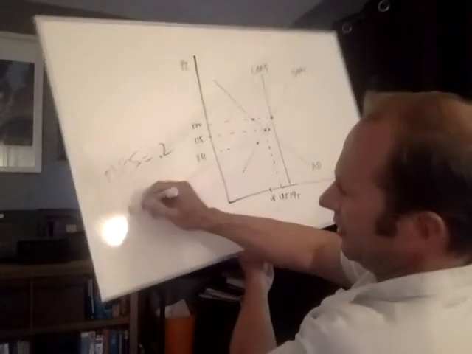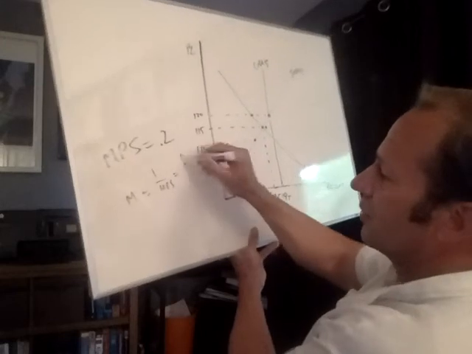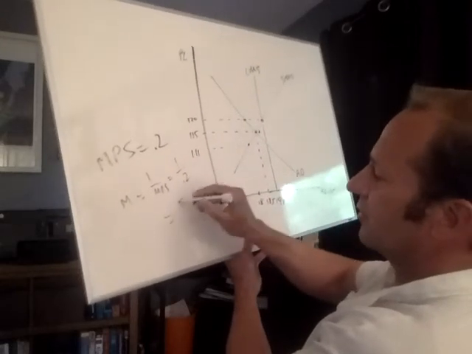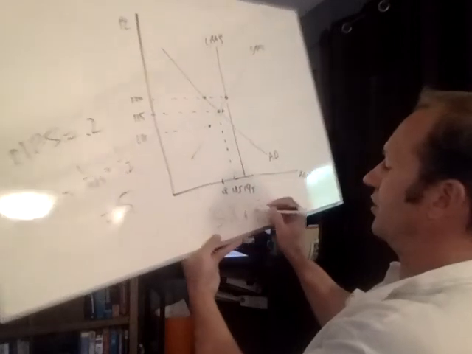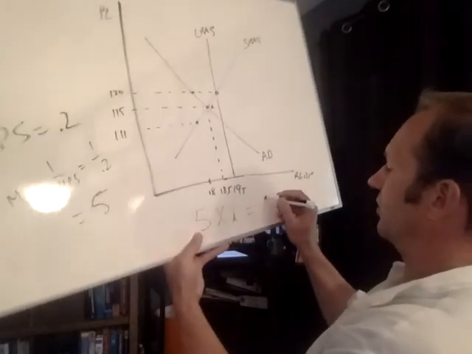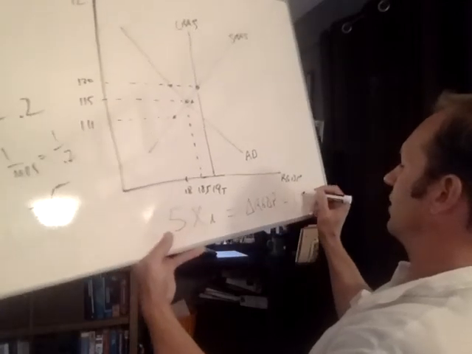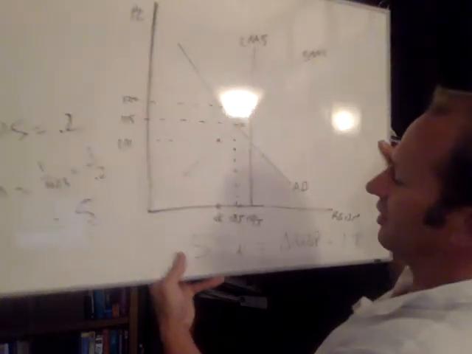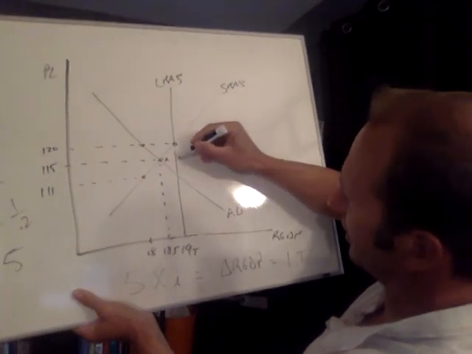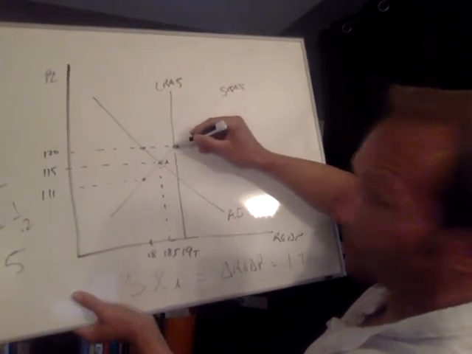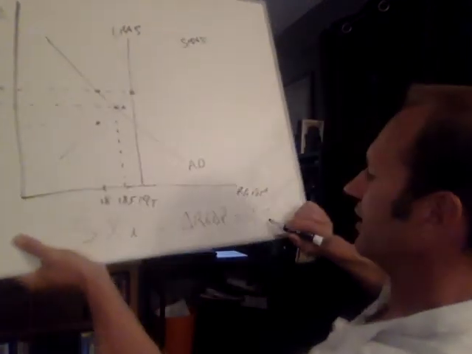The multiplier is equal to 1 over the MPS, which is 1 over 0.2, which is equal to 5. So 5 times what initial expenditure equals the change in GDP that we're looking for, which is 1 trillion, because that's the total amount we have to make up to get aggregate demand to shift, not just to here, but back up to there. At that price level, that gap was that trillion right there.